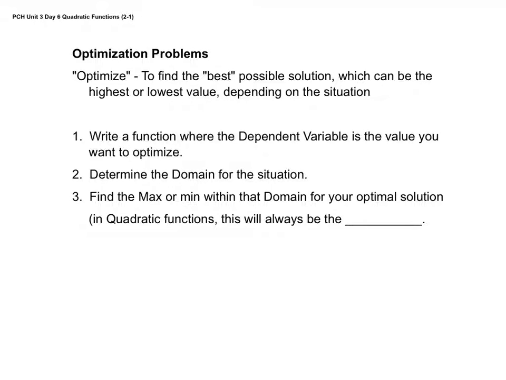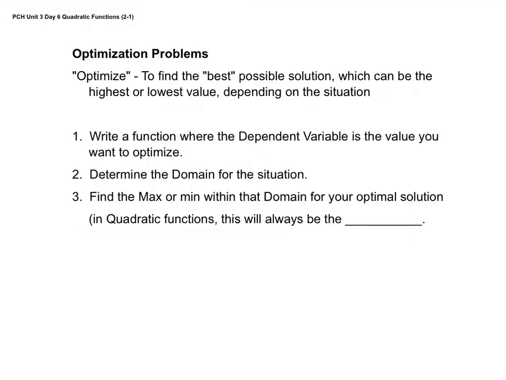So, just a few tips here. When you're working through a word problem, if they don't give you a function, you're going to need to try to write a function and think about the thing that you're trying to optimize. If I'm trying to find the best area or the greatest area, then my function is going to be the area equals something.